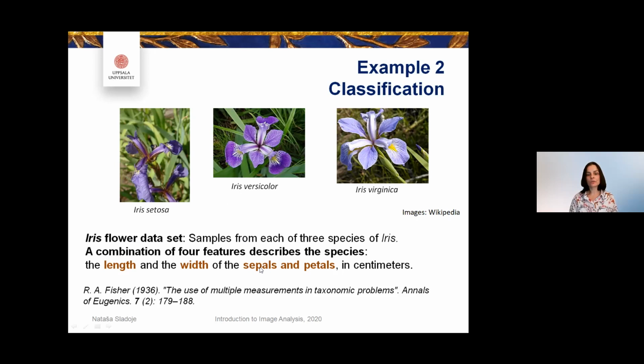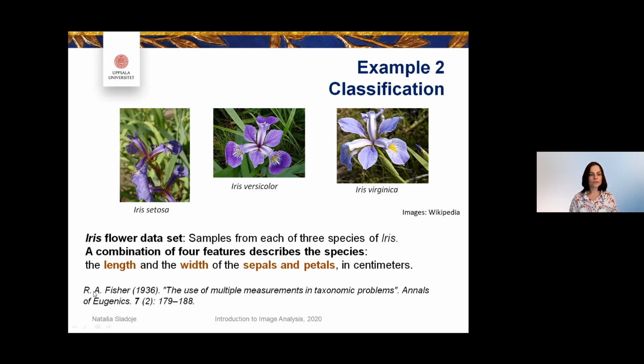So these are called sepals and petals, and these 4 features, 2 lengths and 2 widths, in different combinations can describe each of these flowers in a way that they can be distinguished.